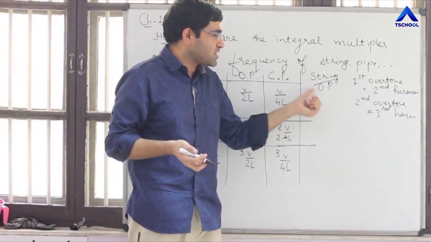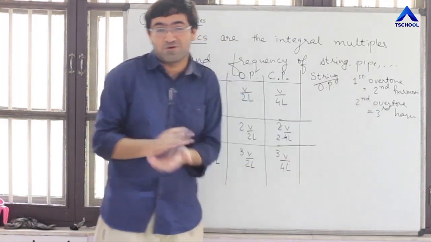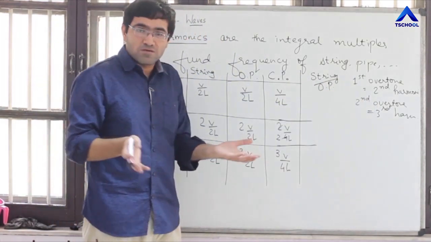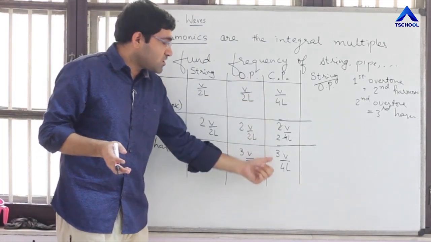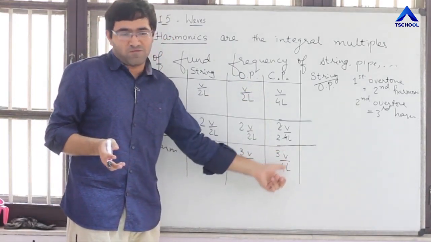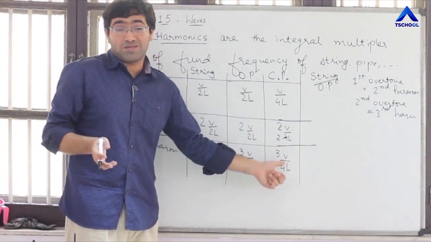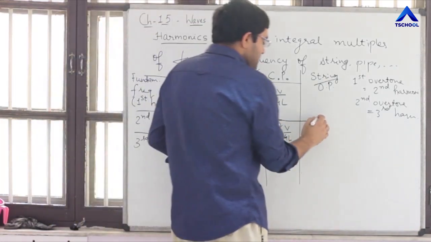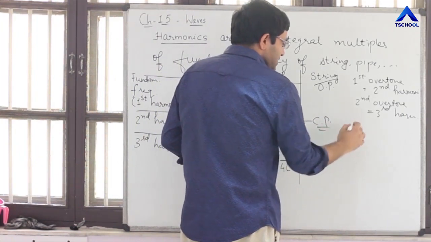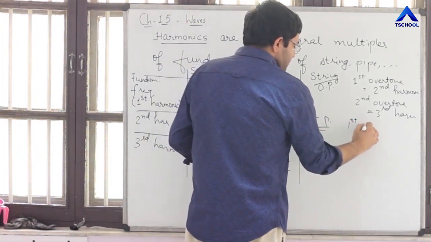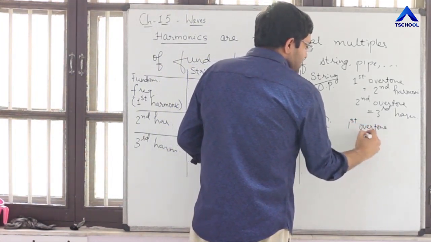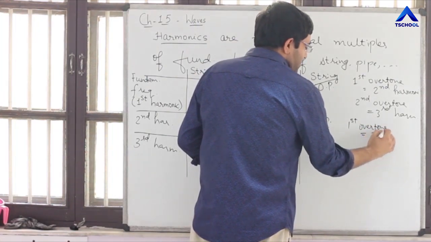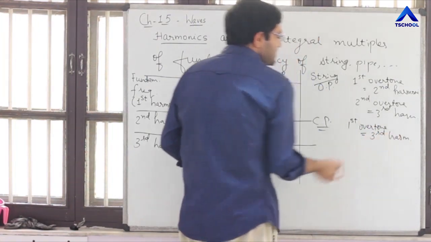So this is true for a string or open pipe, but the same thing is not true for a closed pipe. But if you go to the third harmonic, 3V by 4L, you can see this is the frequency of the first overtone. So for a closed pipe, we have slightly strange things going on. The first overtone is the same as the third harmonic, not the second harmonic.